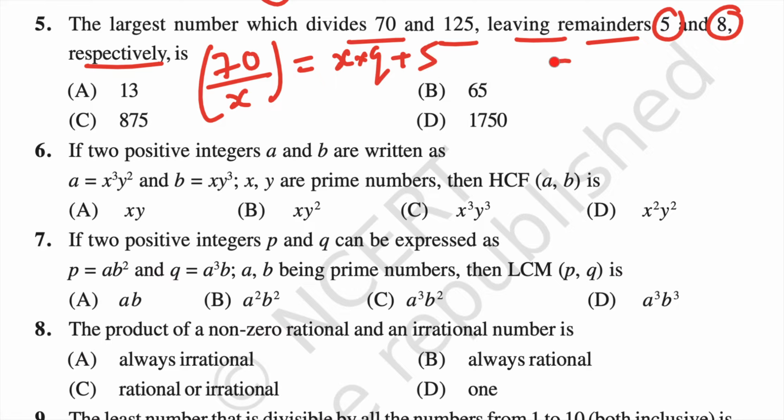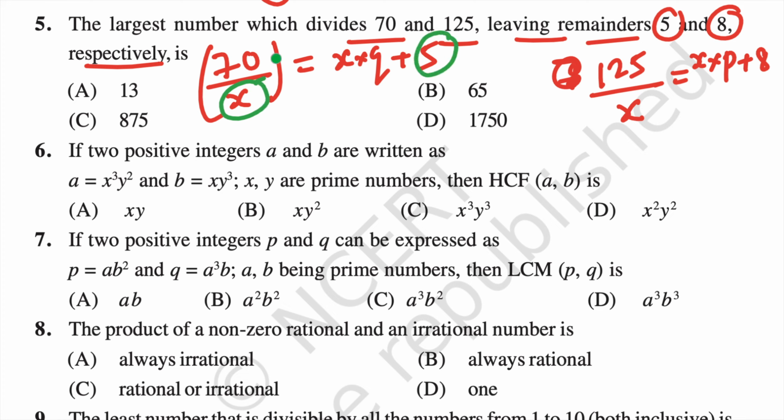When you divide 125 by the same number, you are getting x times p plus 8. So obviously, because we are getting a remainder which is less than this number, this number can never be more than 70 or 125. So these two options are discarded.